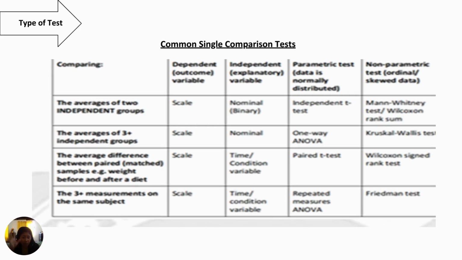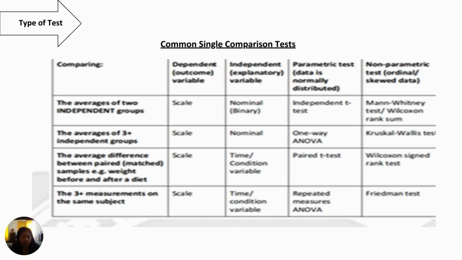So there is a time or condition variable element there, no? So the test that we are going to use if the data is normally distributed is the paired t-test. No, this is a parametric test. If the data is skewed or the data is ordinal, then we use the non-parametric test, Wilcoxon signed rank test.